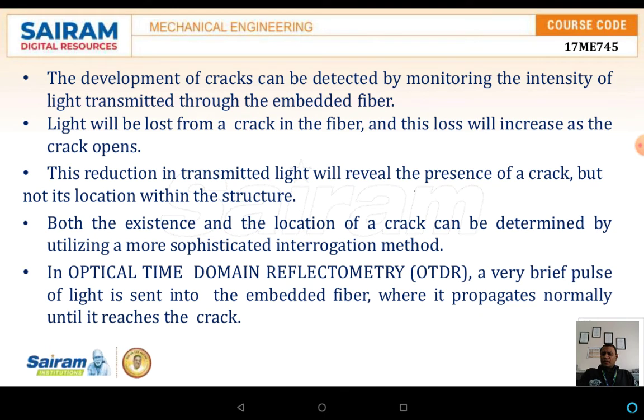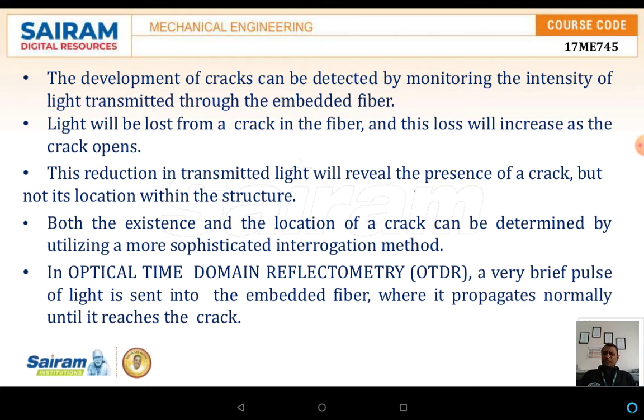The development of the crack can be detected by monitoring the intensity of the light transmitted through the embedded fiber, as the light will be lost from the crack in the fiber, and the loss will increase as the crack opening also increases.